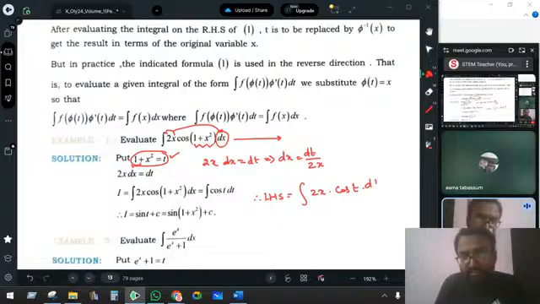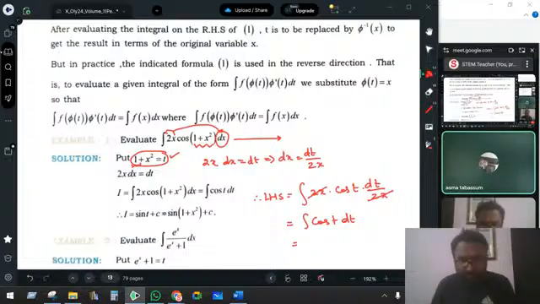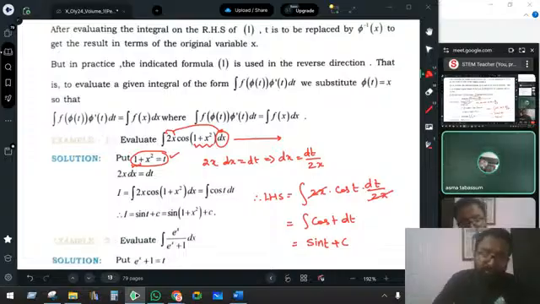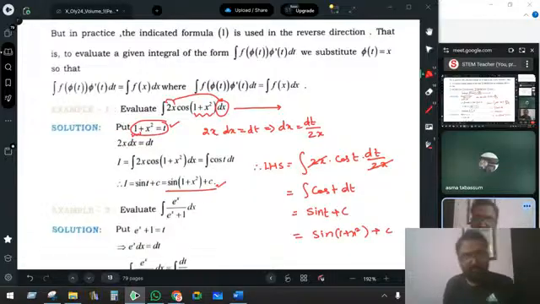This 2x and this 2x get cancelled, and the integration of cos t dt is sin t plus c. And what is t? t is 1 plus x squared. The answer is sin of (1 plus x squared) plus c. That's it. That's your answer.